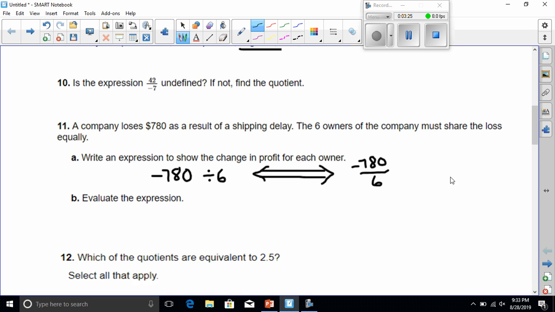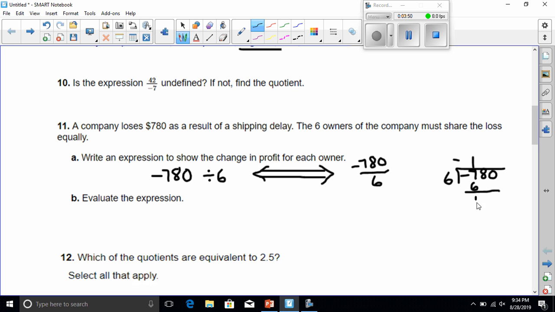Evaluate the expression. Well, evaluating the expression, remember both these expressions equal each other, right? Well, we're going to take negative 780 and we're going to divide it by 6. Well, negative divided by positive is going to give us a negative answer. And now, let's see, how many times does 6 go into 7? Well, once.